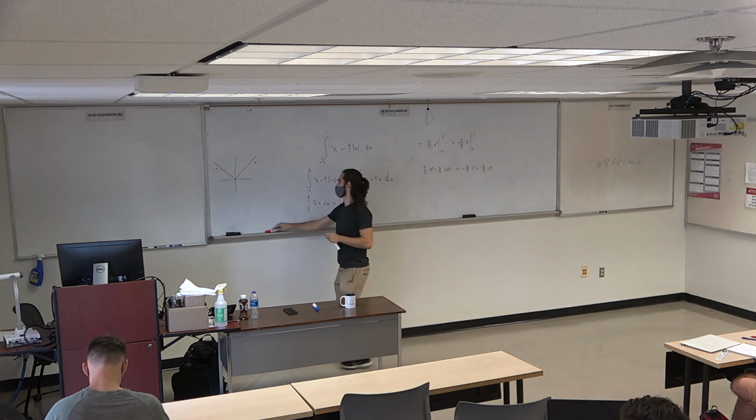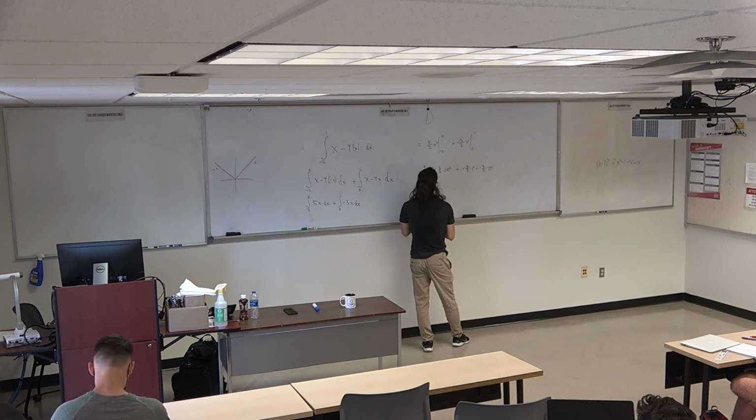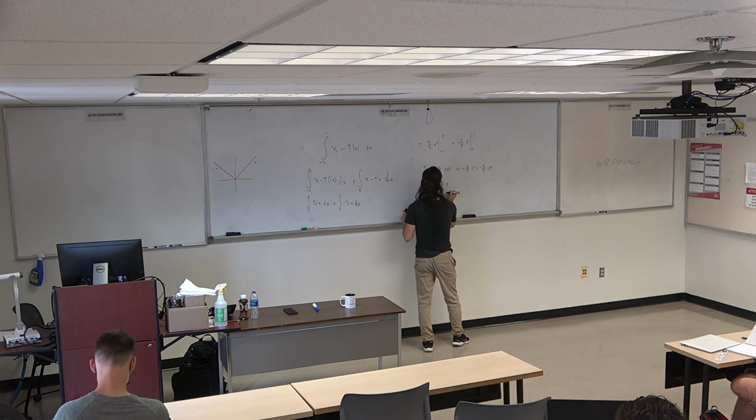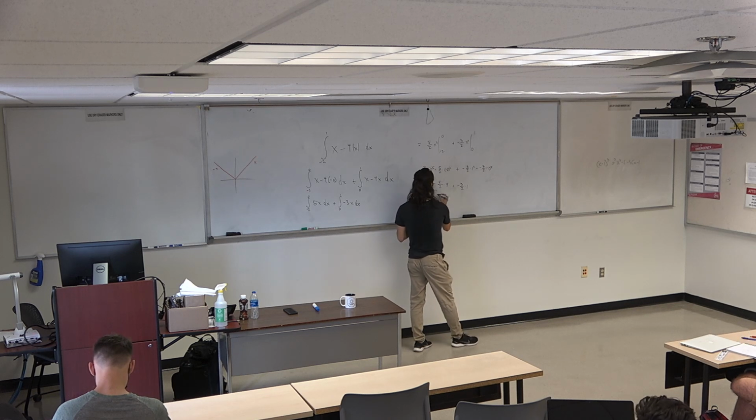Two of these are 0, so that's great. Don't care about that. And so it's just -5/2 times 4 plus -3/2 times 1. So that's -20/2, -10 minus 1.5. So that's -11.5.